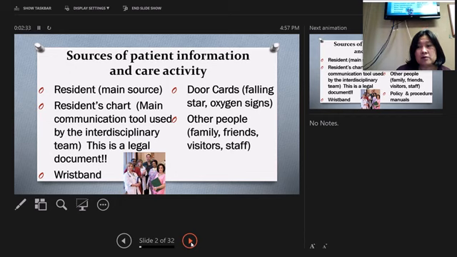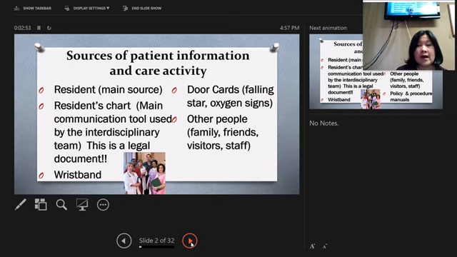Other people can give us information. We need to make sure we observe HIPAA policies. But people like family and friends and visitors and staff can help. If we figure out a code that the person needs, and the patient has family members that call in over the phone, we need to ask for that code every time before we give information to the family.